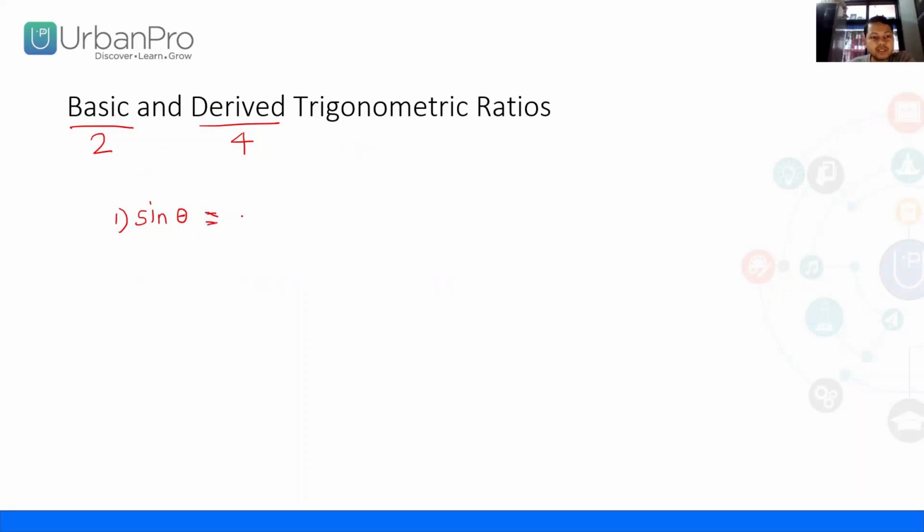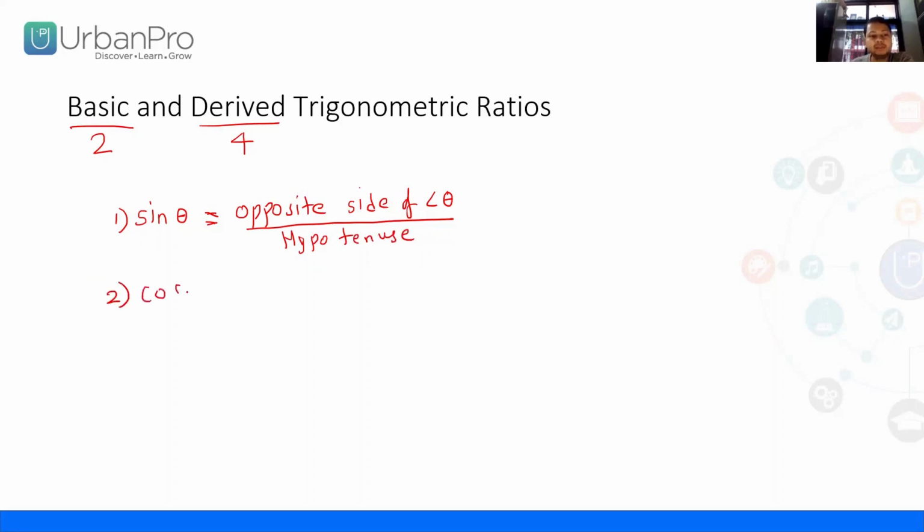The definition of sine theta is the opposite side of angle theta divided by hypotenuse. So this is the formula for sine theta.